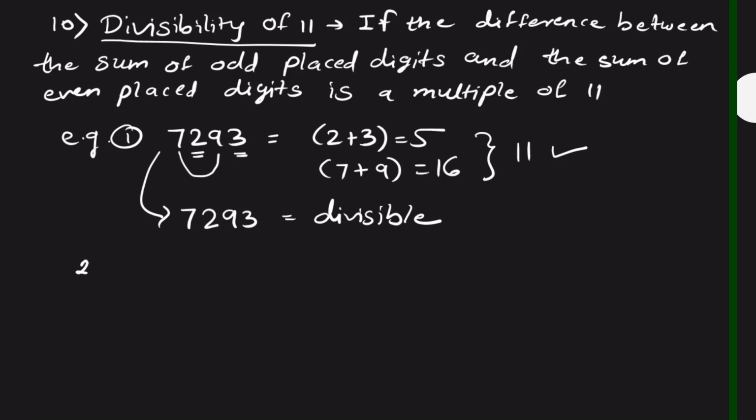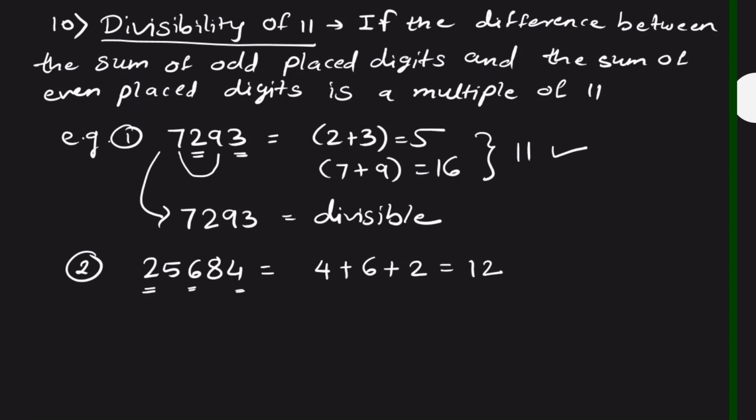Let's have another example. 25,684. This is a 5-digit number. In this number, the odd place digits are 4, 6 and 2, because they are on first place, third place and fifth place. When we add them, 4 plus 6 plus 2, we get 12.